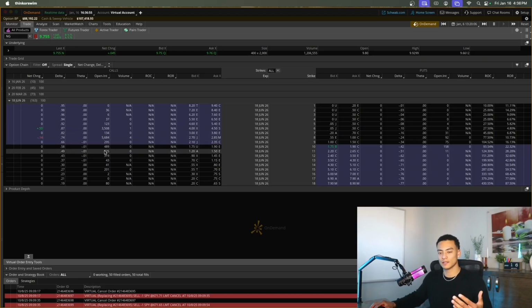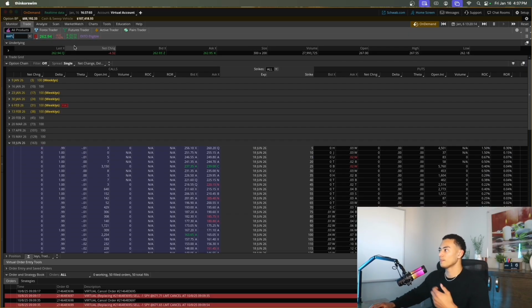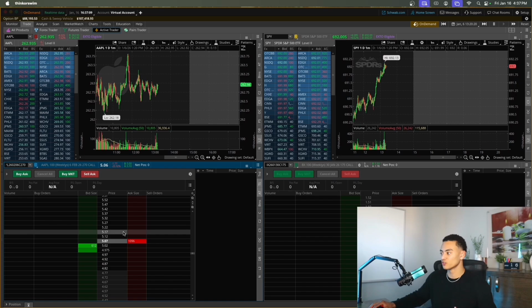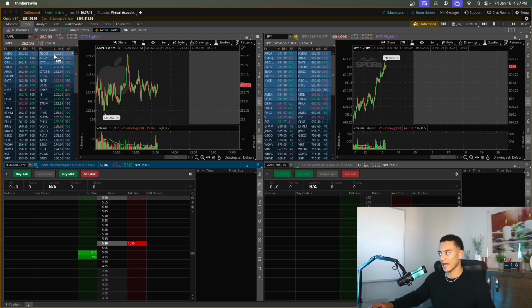So that's something to especially look out for when you're trading. Let me go back to Apple. You can see the bid-ask spread if I go to my active trader, or actually sorry, my Level 2. I can see that the bid is 262.93 and the ask is 262.93.